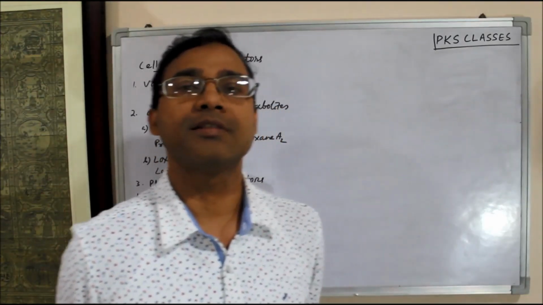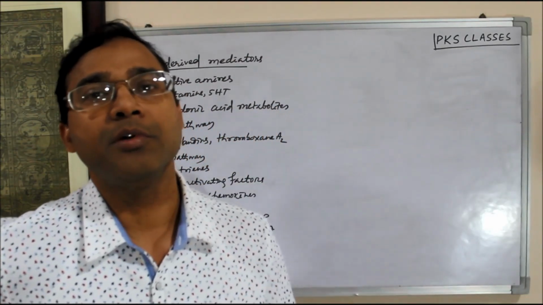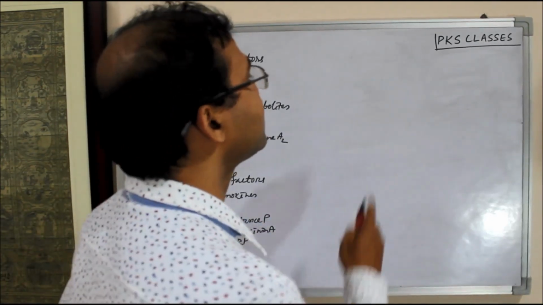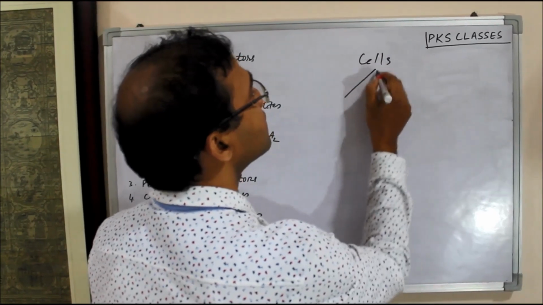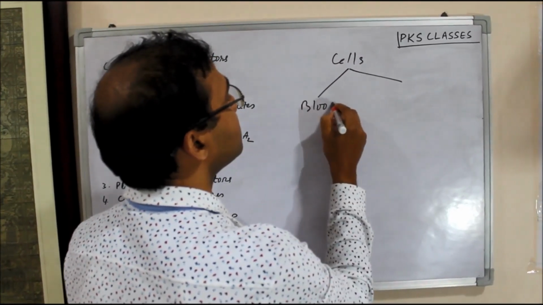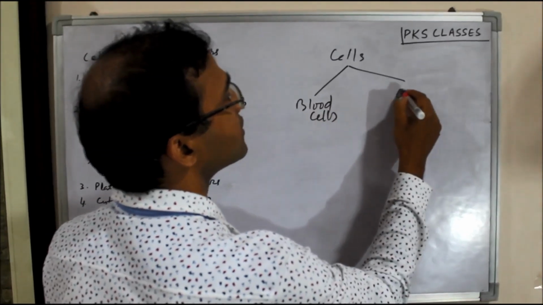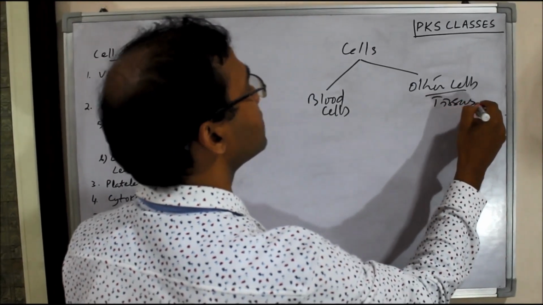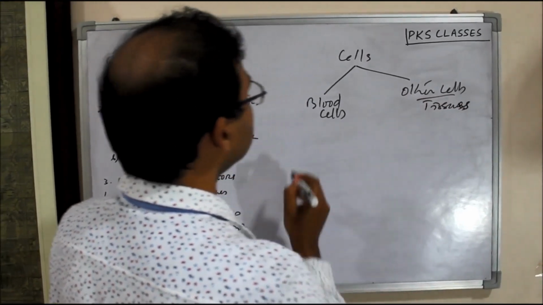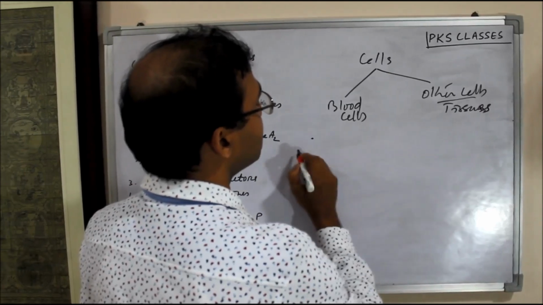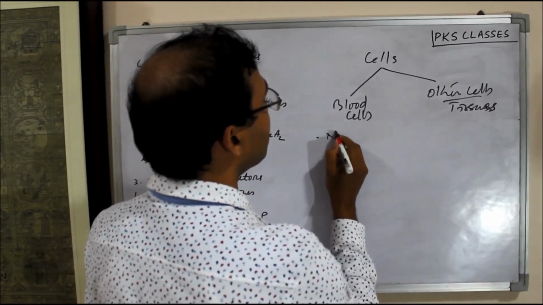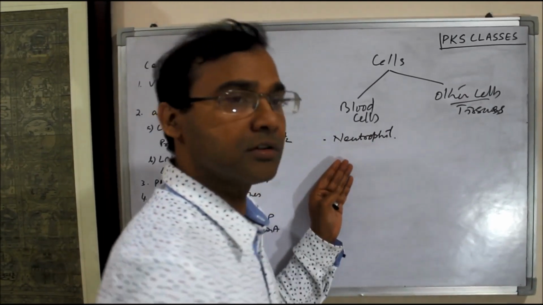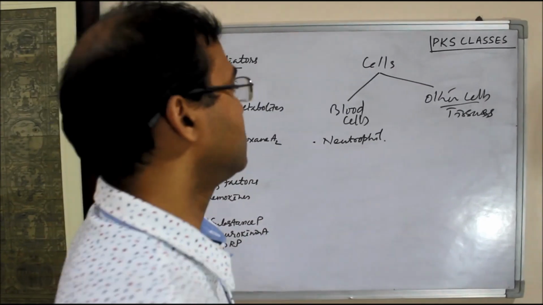Cell derived mediators means the inflammatory mediators derived from the cells, and the cells can be the blood cells and other cells, or we can say the tissues. So the blood cells, as we know, like neutrophil. Already we discussed this neutrophil causes the phagocytosis.